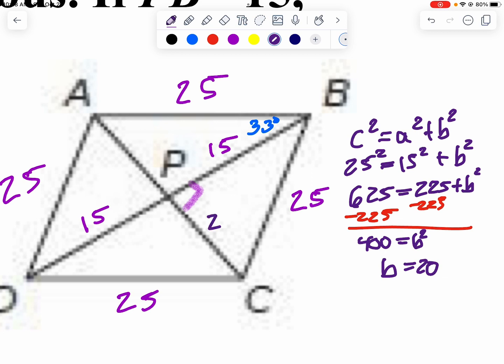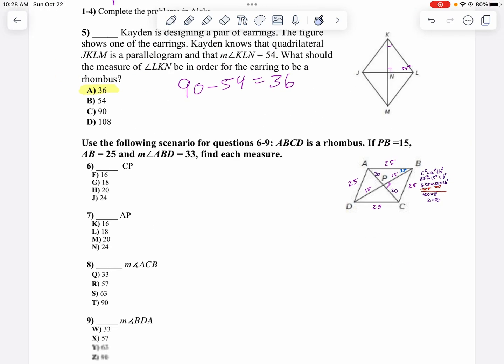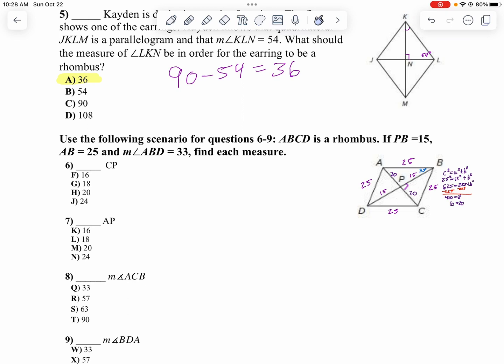So I know P to C is 20. I know A to P is 20. I'll put that in case I need that later on. So I know my first answer is going to be 20. Next, let's find A to P. Oh, A to P is also 20, isn't it? Nothing really to figure out there. I just did it.